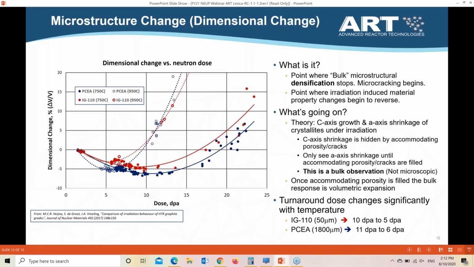The goal with this slide is to show that not only do some of the bulk properties change, but they may change differently depending on the type of graphite. Fine grains versus coarse grains are going to have different behavior with the same irradiation fields.